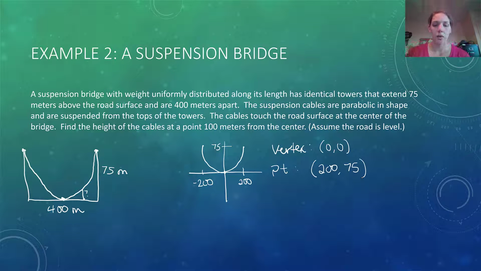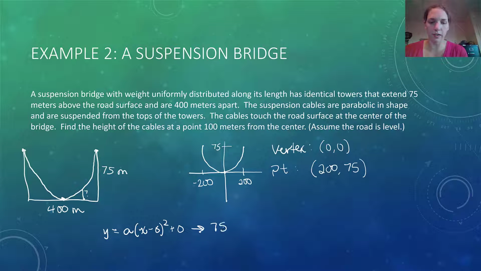Okay, so using my formula, I have y equals a times x minus h squared plus k. All right, then I'm going to sub in for x and y. So this is going to become 75 equals a times 200 minus 0 squared plus 0.